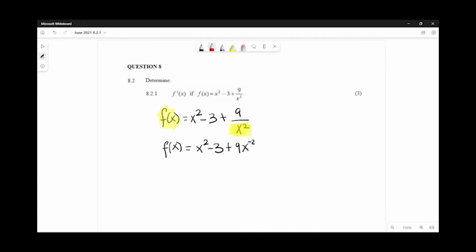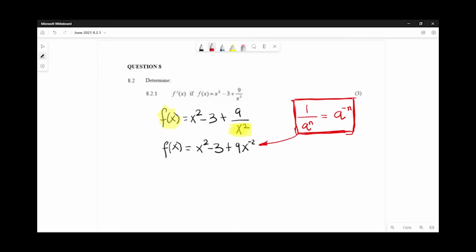We know that usually we write 1 over a, and it is the same as a to the negative 1, and that is a law of exponents you need to remember, because if you do not, you're probably not even going to realize that's what we need to do here.